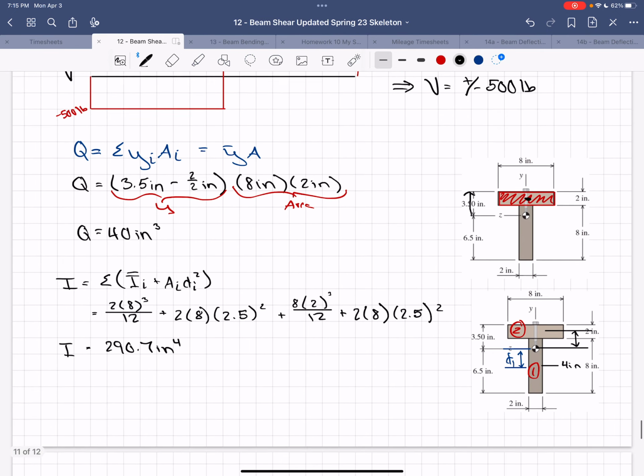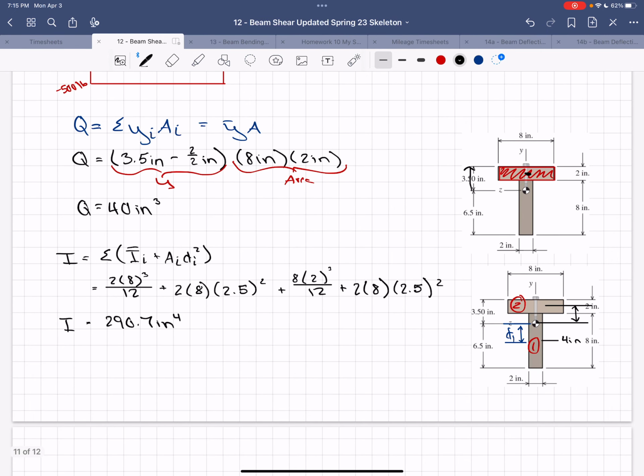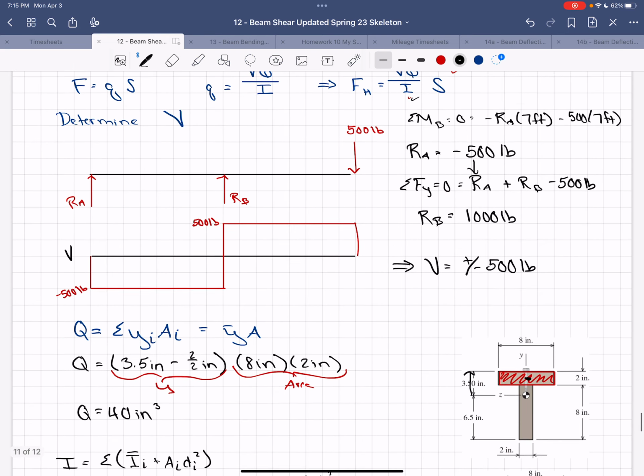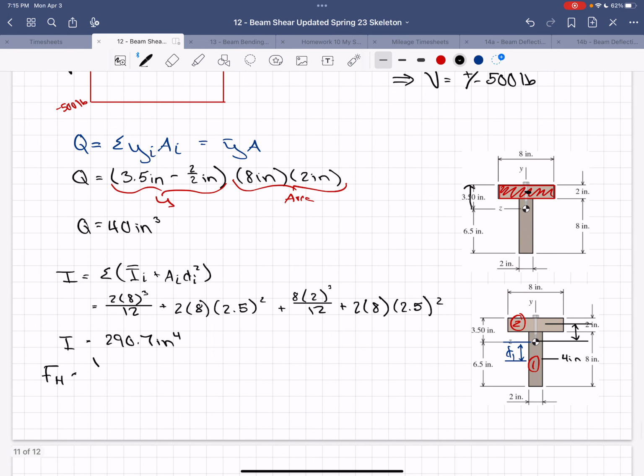So FH equals VQ over I times S. V has a magnitude of 500 pounds, it's either positive or negative, so 500 pounds.